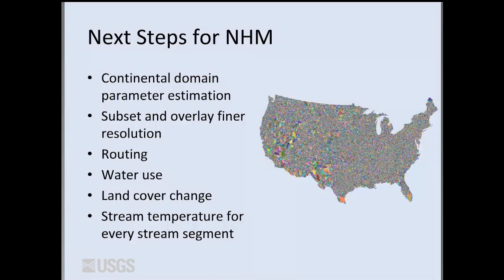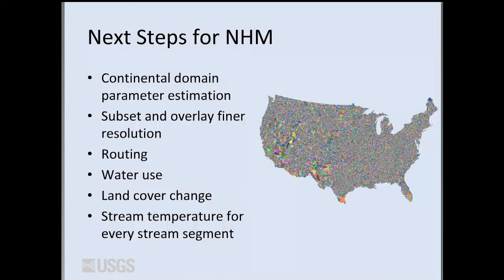Water use information, very important. I think with the National Water Census, we're getting a lot of that too. A lot of the states are able to put the water use information at site-specific locations into databases so that perhaps there'll be a more systematic way to then apply those to modeling units. Land cover change, again, if we see increases in urbanization, changes from forest to agriculture or other things, wanting to know how that affects water availability and eventually, streamflow statistics.